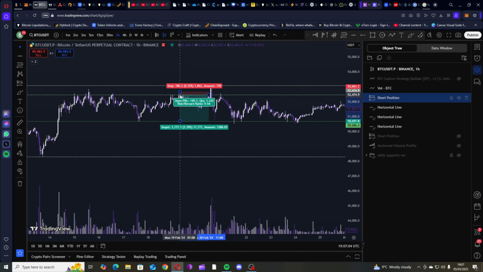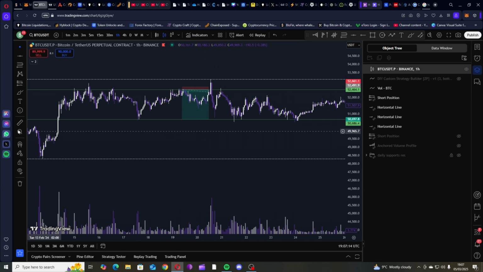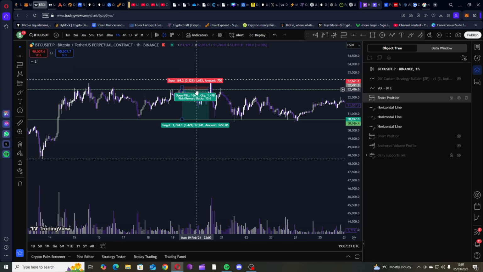So say you shorted, I don't know what time you're awake, say 9 o'clock. Say 9 o'clock you've shorted BTC. You've gained, what have we gained here? To these wicks, 2%. But your risk to reward is 10.6. 10.6 risk to reward in this trade here.